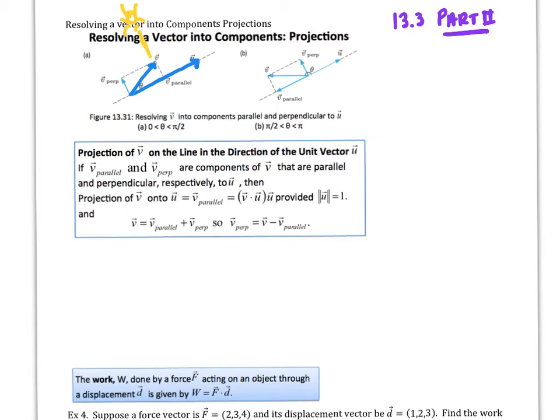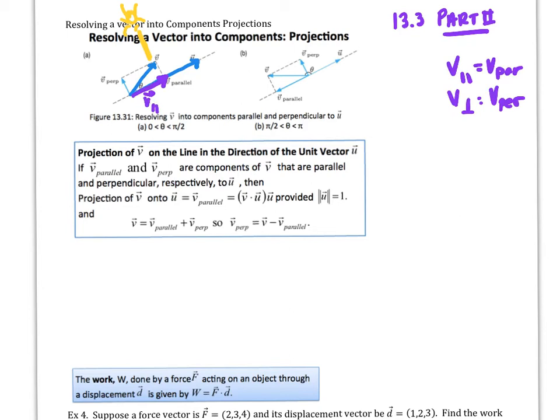What does that shadow do if the light is perpendicular to this U vector? Where will it shine? That would be what this book calls my V parallel.